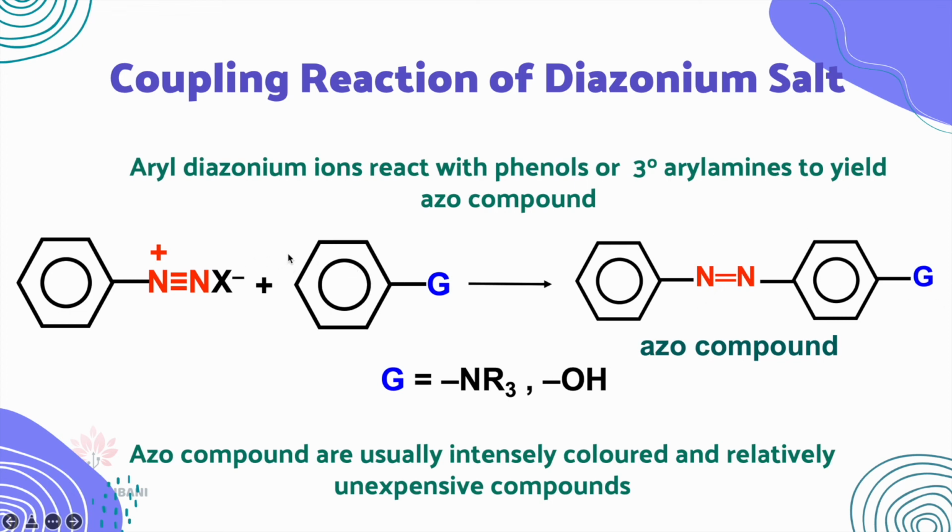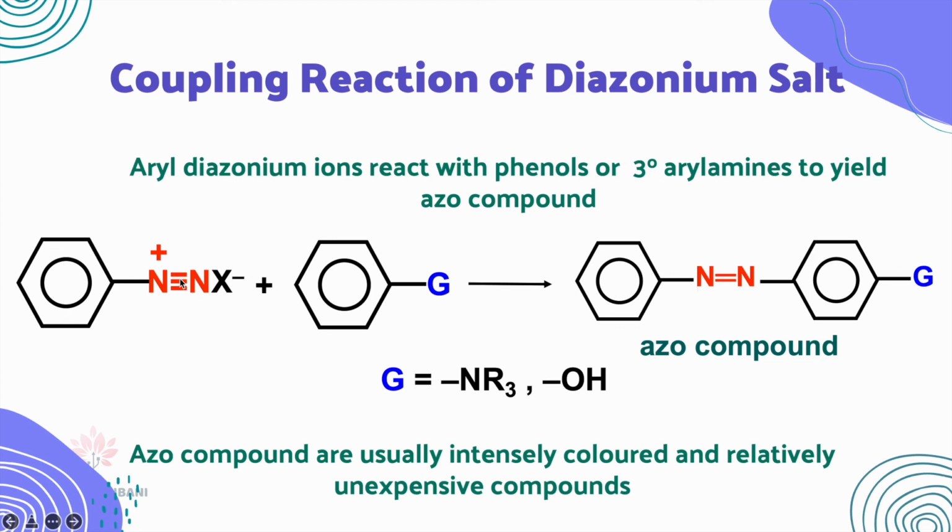One hydrogen atom will be removed from the tertiary aryl amine or phenol, and one X atom will be removed from the diazonium ion. So remove H at the para position, remove X here, attach those two together and attach to the carbon here.